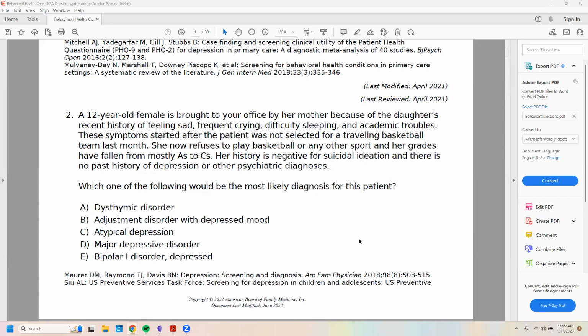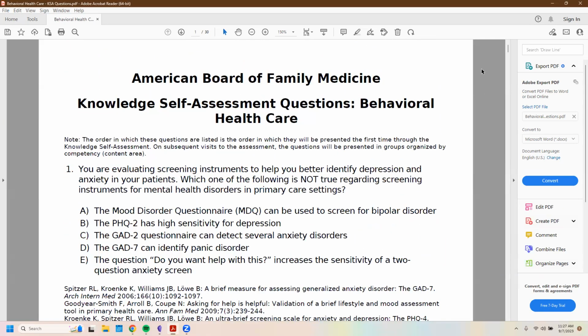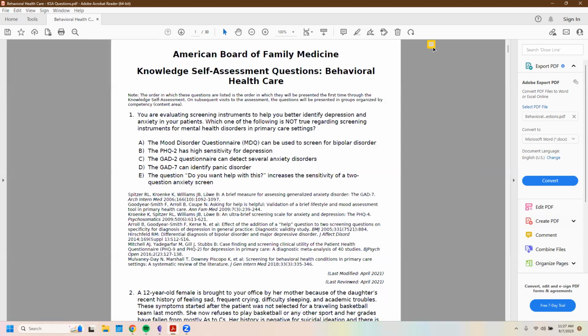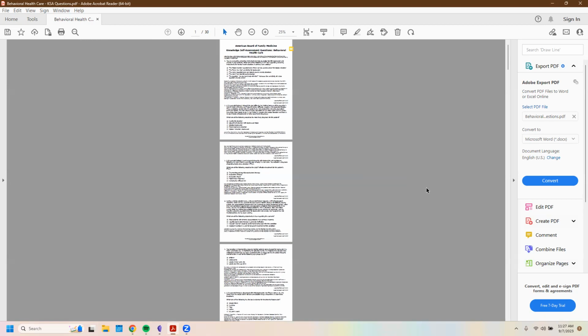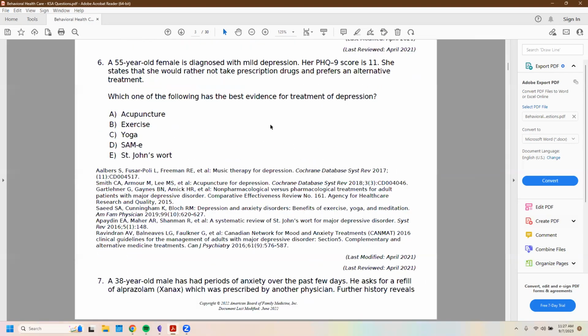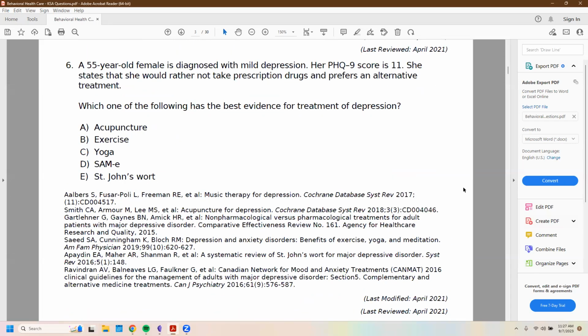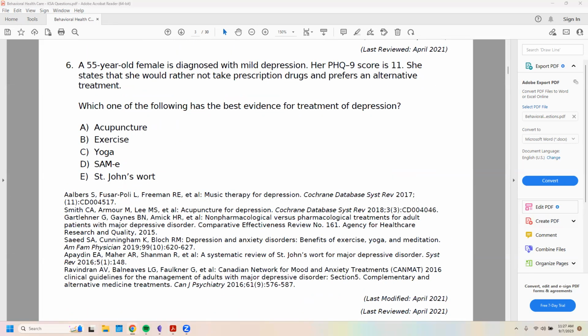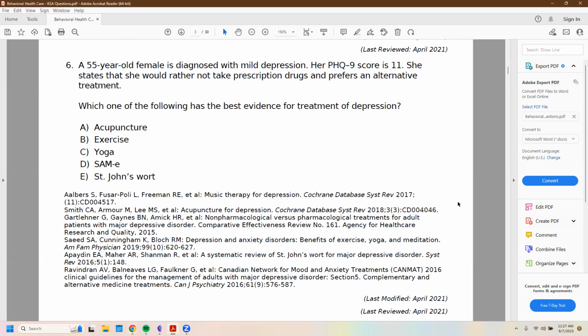Let's see here. I might not have touched upon this one, but what's y'all's best guess?